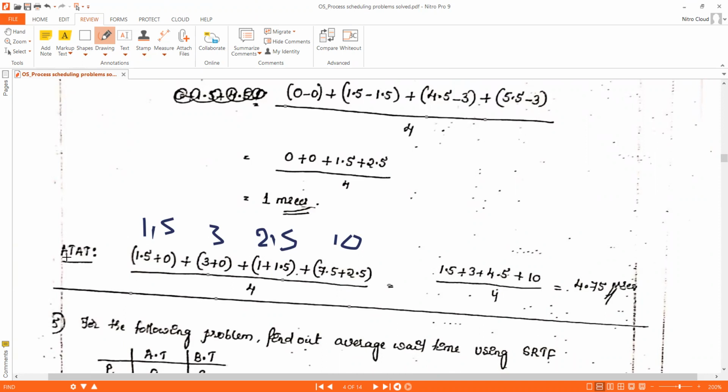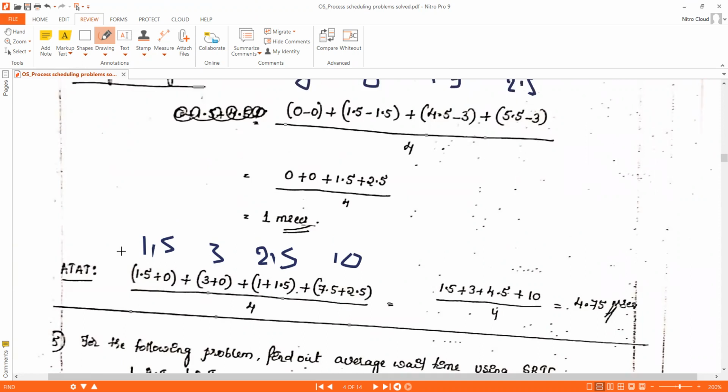Then the average turnaround time can be calculated like this. Process 1's turnaround time is 1.5, plus process 2's turnaround time is 3 milliseconds, plus process 3's turnaround time is 2.5 milliseconds, plus process 4's turnaround time is 10 milliseconds, divided by the number of processes, that is 4 processes.